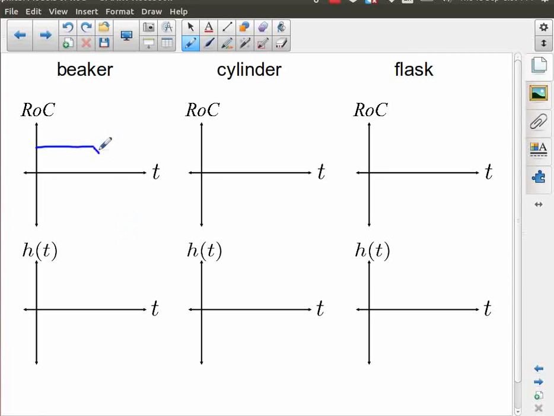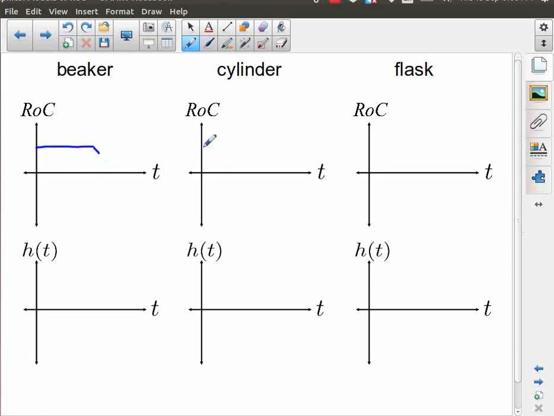So that's the lip. Okay? And so let's go with that description. That's the rate of change in the beaker. And of course, it's going to drop off. This is basically when the beaker is full. Then it starts spilling all over the place, and who knows what's happening.